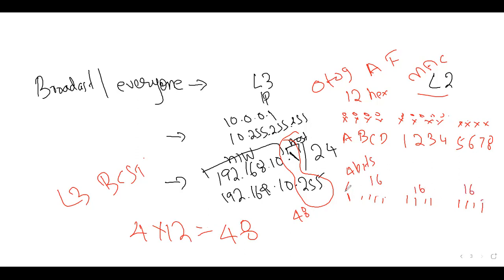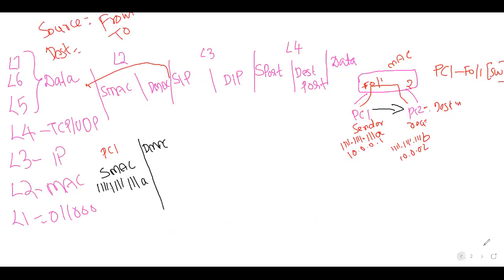So 4 bits which are completely turned on is called F, the final number within the MAC address. So for layer 2, the MAC address completely turned on is FFFF, FFFF, FFFF.